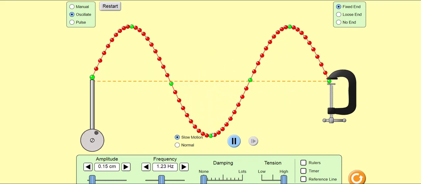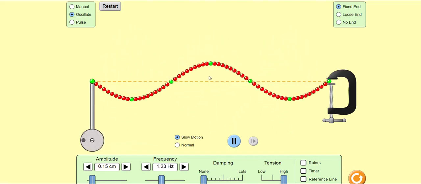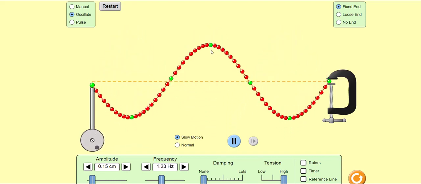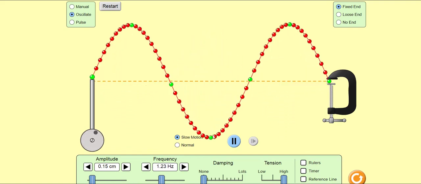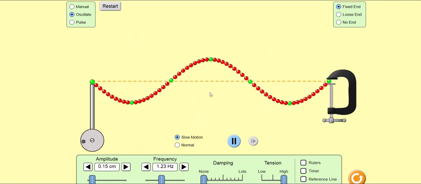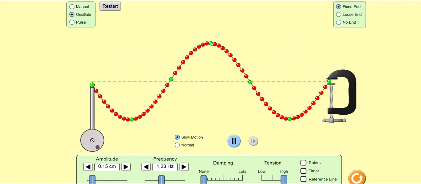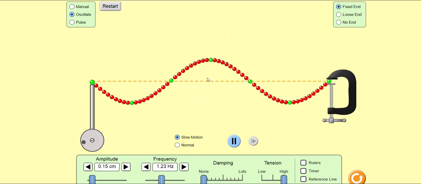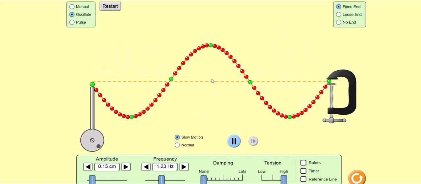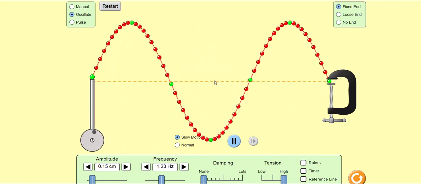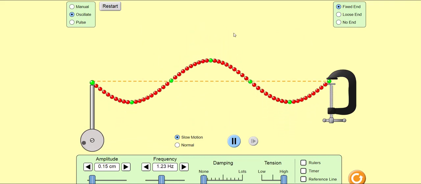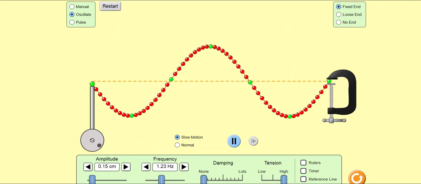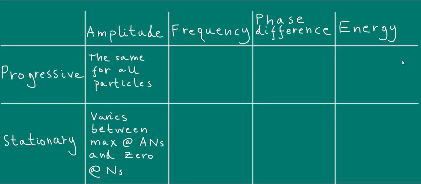So for example, this green particle here is near enough at an antinode, and at this point the amplitude of this particle is a maximum. So in other words, the amplitude varies in a stationary or standing wave depending on which point you're looking at. So let's record these observations in our table.